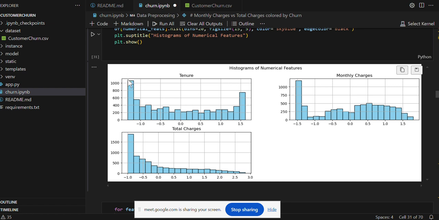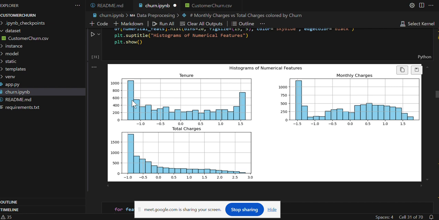The next bar, let's assume, is minus 0.8. That means with respect to tenure, for the total charges, we have a total charges that is close to 500 and something, closing to 600.